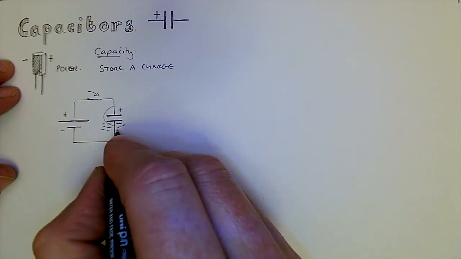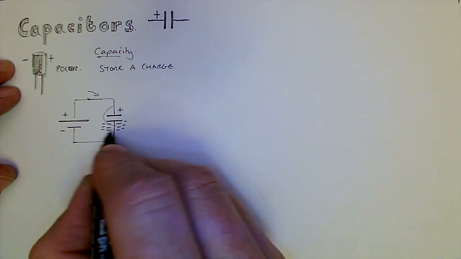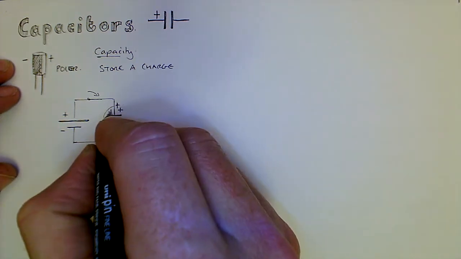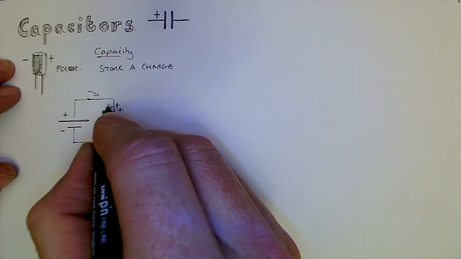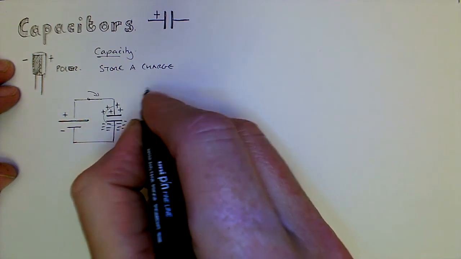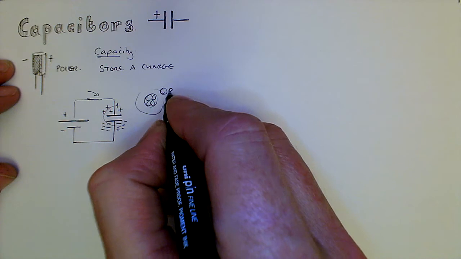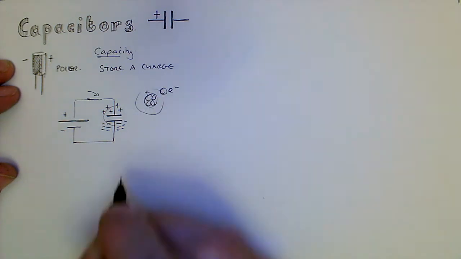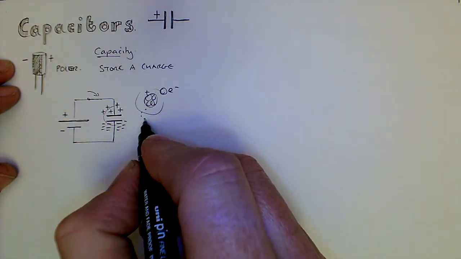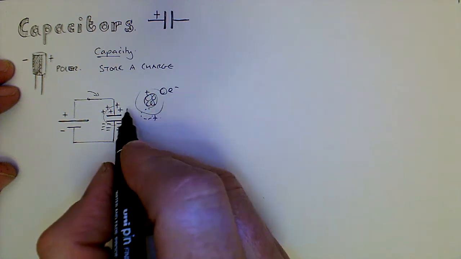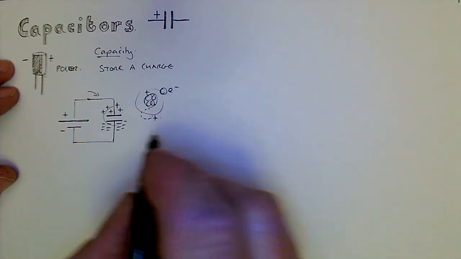Here you'd have negative ions, an excess of electrons, and here you'd have positive ions. Do you remember we talked about atoms, protons and neutrons, and electrons negatively charged? If you had a hole you'd be positive, and if you had an extra electron you'd be negative. That's basically what we've got here.